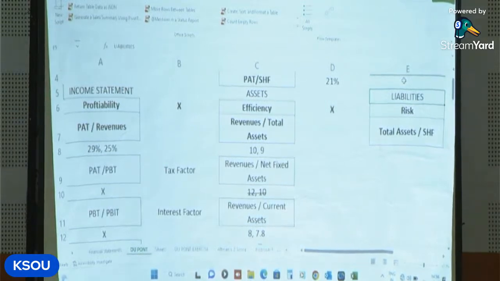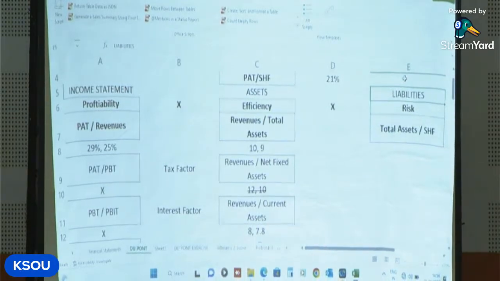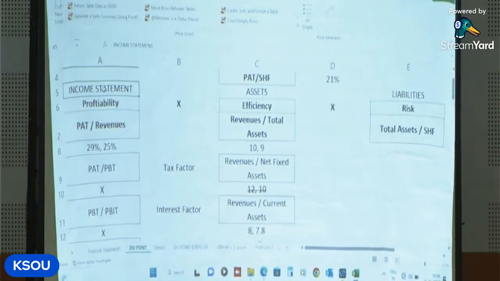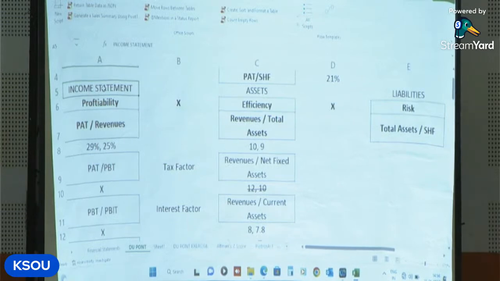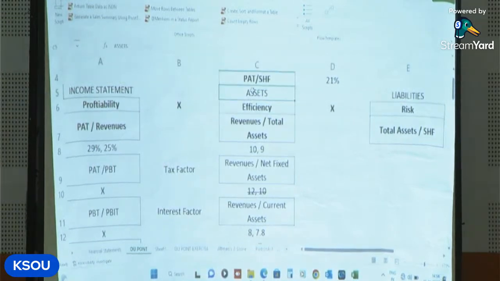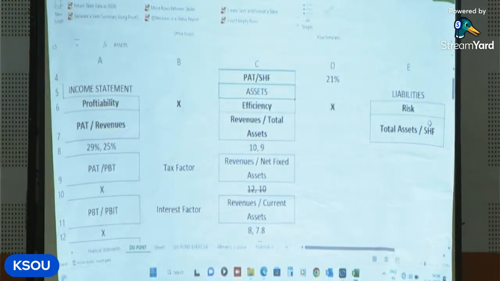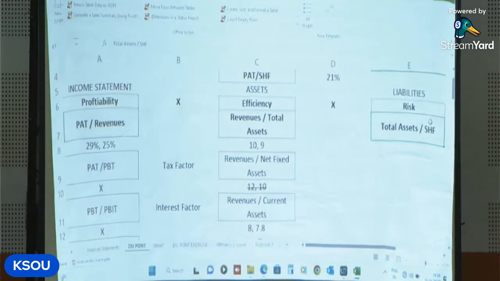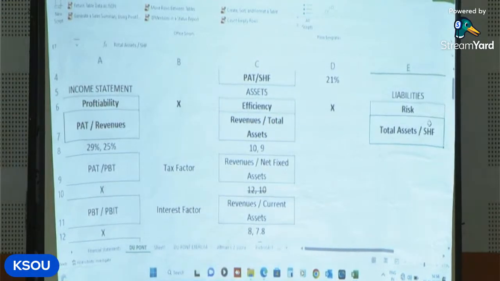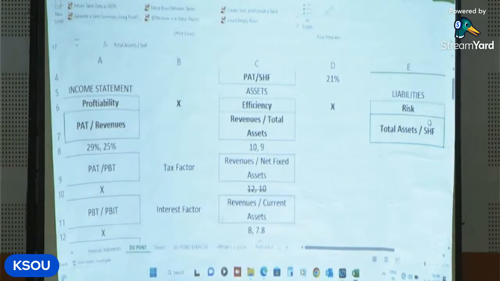Cash flow statement has net cash flow from what? Operating activities, which is relating to what, sir? Income statement. Next, investing activities relating to what? Financing activities relating to what? Now, can you see the connection? So while this model tells what to manage, cash flow statement tells how effectively it has been managed.